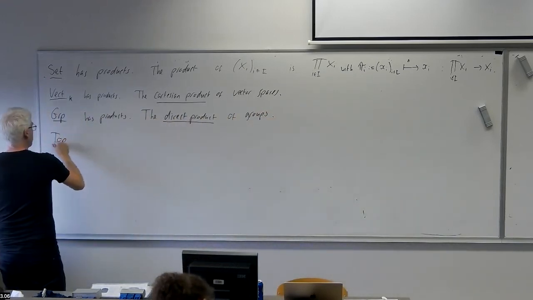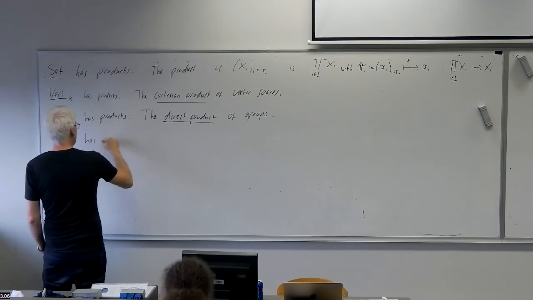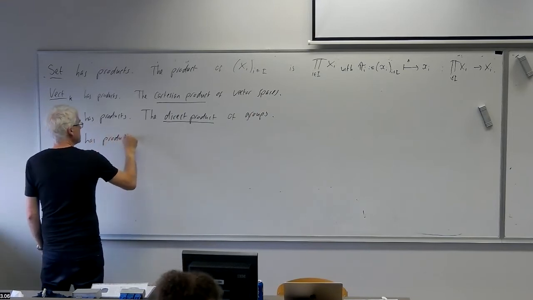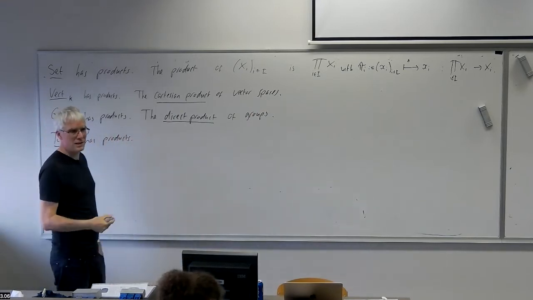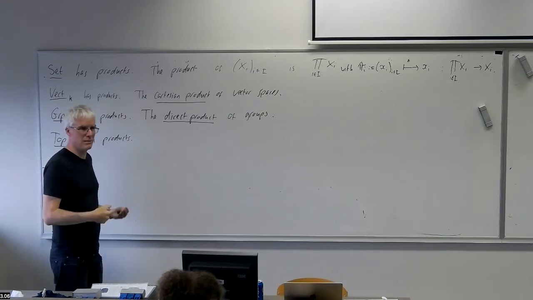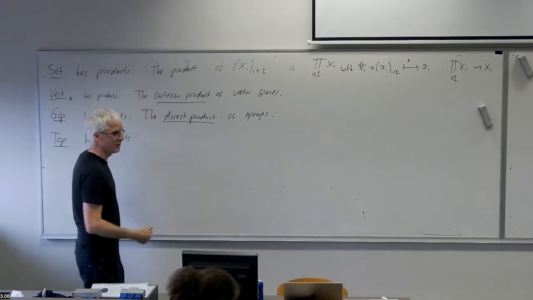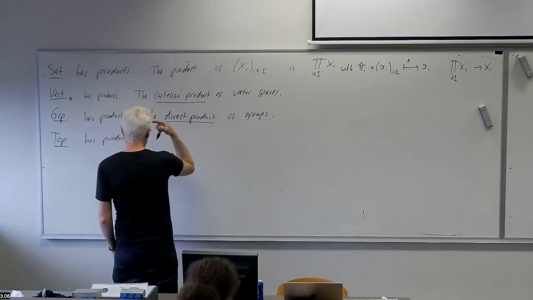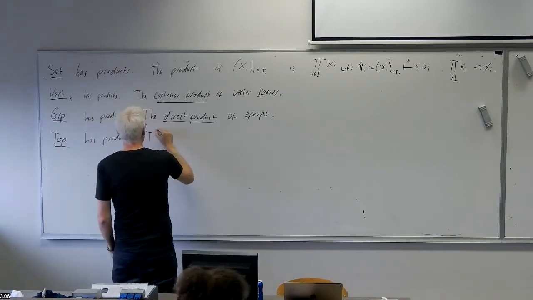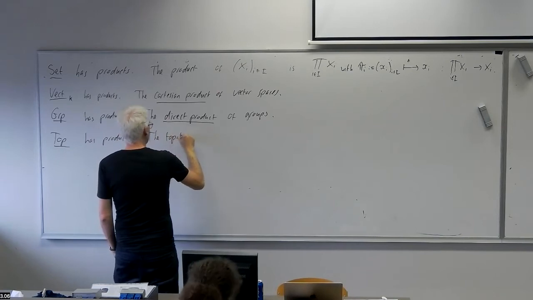The category of topological spaces also has products. And unsurprisingly, the product of a family of topological spaces is what's called the topological product of the family of spaces. So it's the topological product.